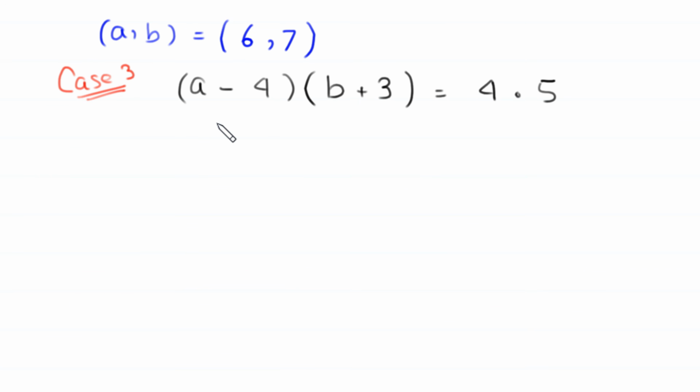So this a minus 4 will be equal to 4, and this b plus 3 will be equal to 5.